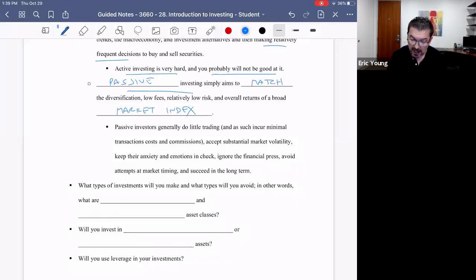But it's critical to point out that passive investors typically do really well. They do very little trading. They don't buy and sell a lot. And as a result of that, they incur minimal fees and costs and transactions, so they keep more of their money.